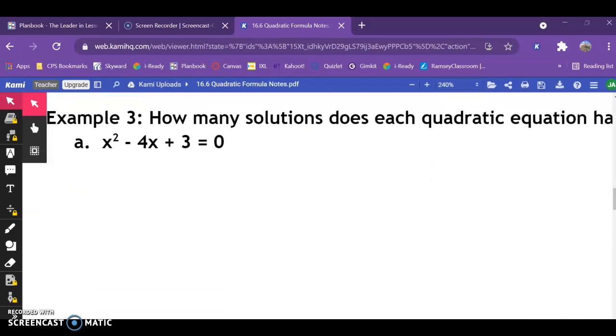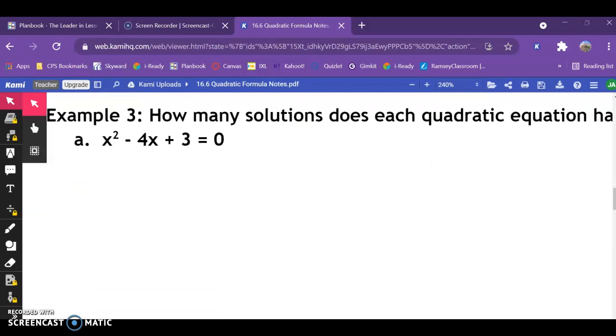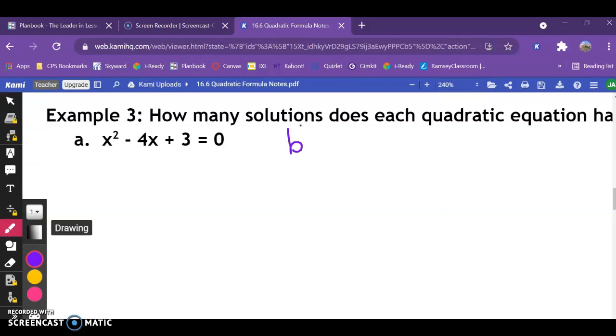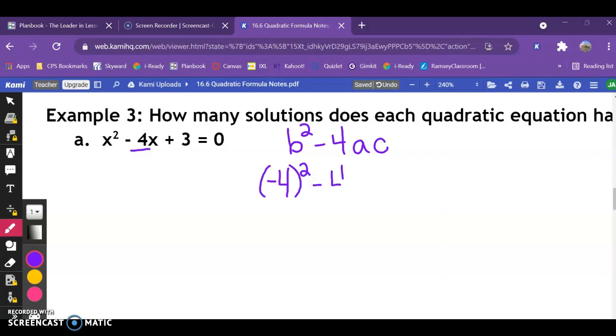So for example 3, we're going to have 3 different equations here, and we're going to be asked to figure out how many solutions they have. So remember, it's b squared minus 4ac. So b here is negative 4. So negative 4 squared minus 4 times a is 1, and c is 3.